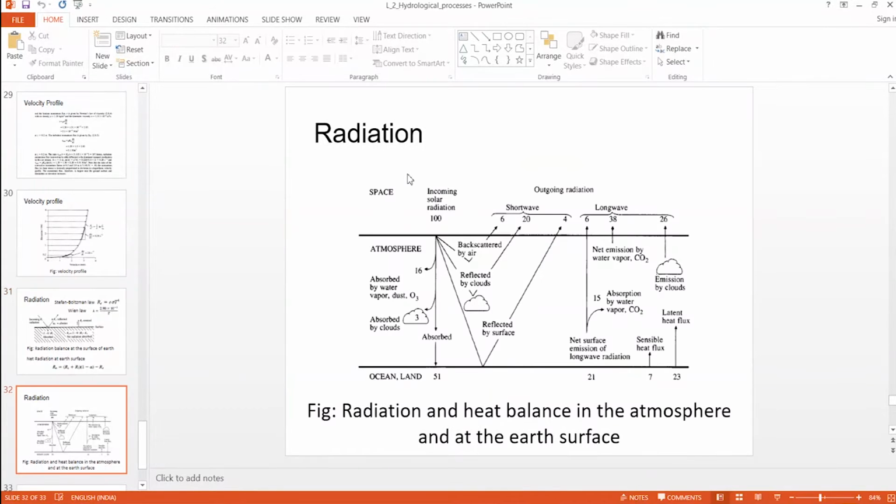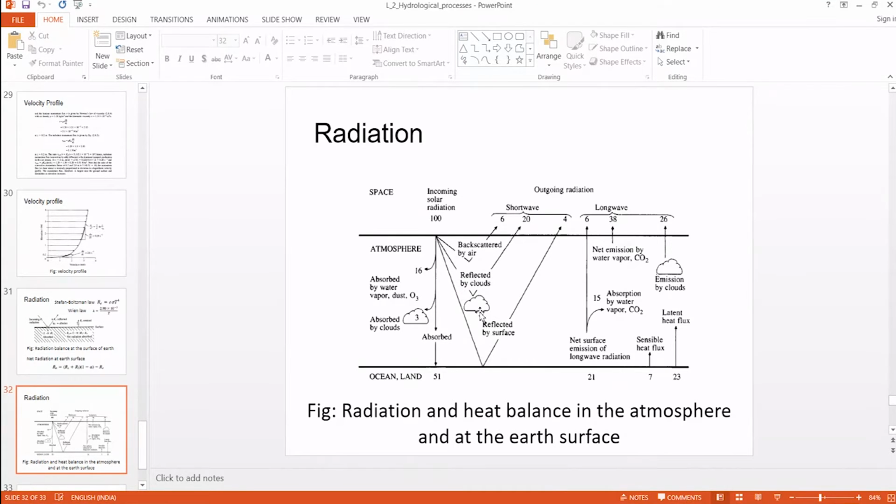If you look at this figure, the incoming solar radiation is 100 units, out of which 19 units are absorbed by the atmosphere and 51 units are absorbed by the earth. 51 plus 19 is 70.